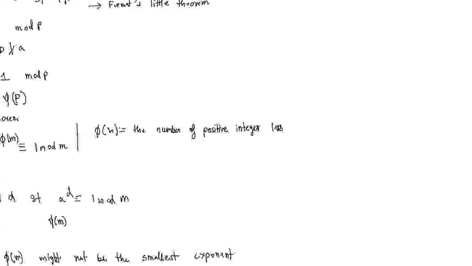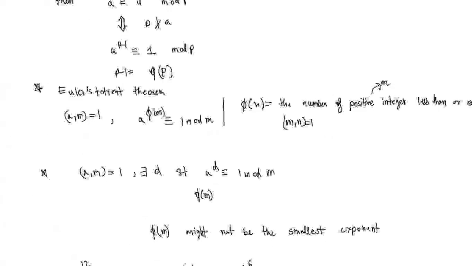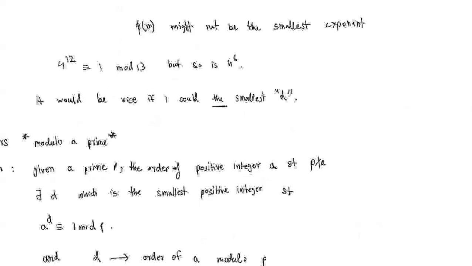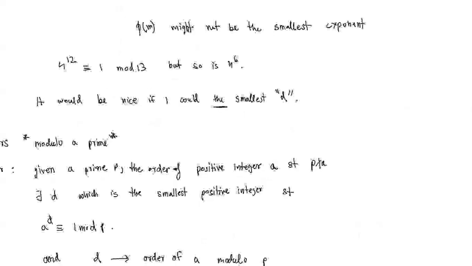We define phi of 1 to be 1. So essentially, it's the number of positive integers less than or equal to the number such that it's relatively prime, or coprime, to it. Is that fine? Yeah. Great.